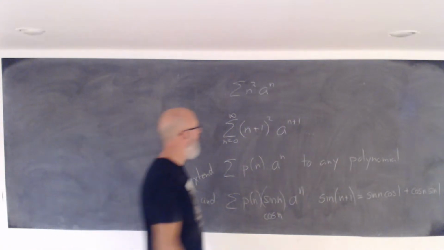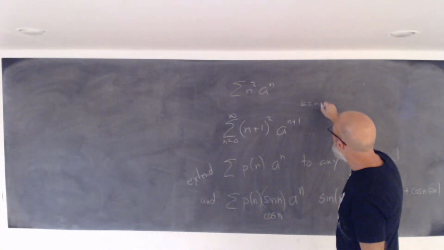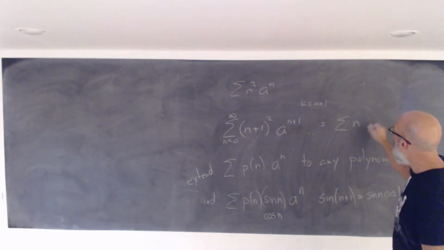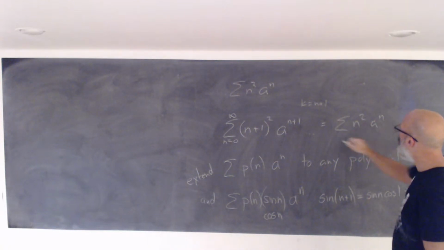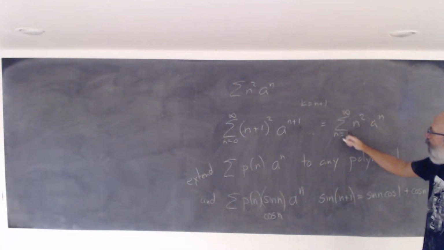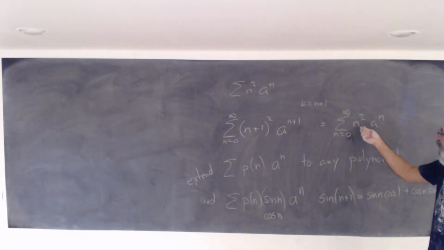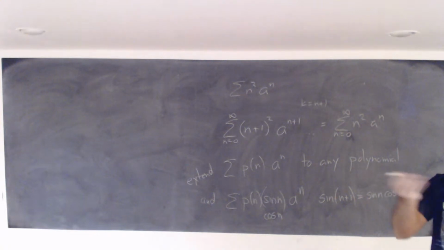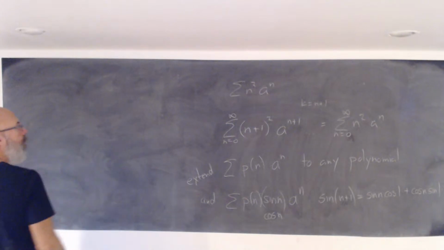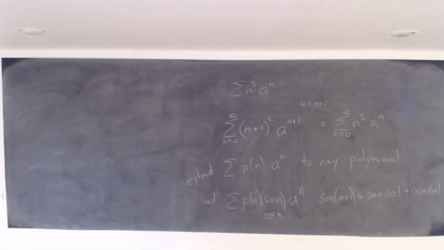And then when you make a change of variables, k is n plus 1, then you actually have n squared an, and this would start at 1, but you can make it start at 0 if you wish, because when n is 0, the first term is 0 anyway, so you're just adding a 0. There's no harm done.